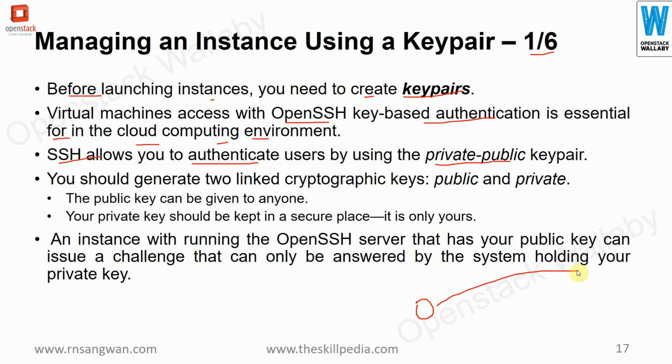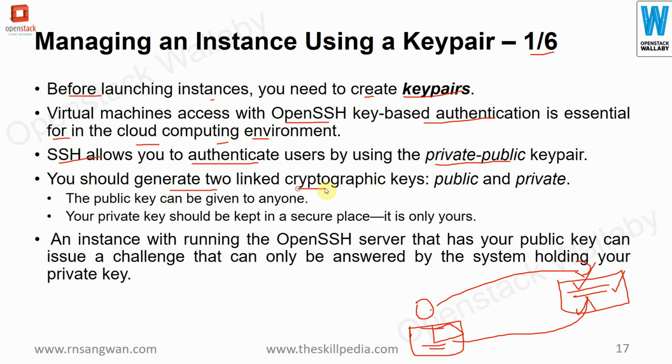The public key is sent to the instance. The private key is retained on the client through which you want to access the remote machine. So in other words, when we launch this machine on the cloud, we need to send the public key to the API, to Nova, and we should retain the private key with ourselves. And this private key will be used to connect to the instance later.